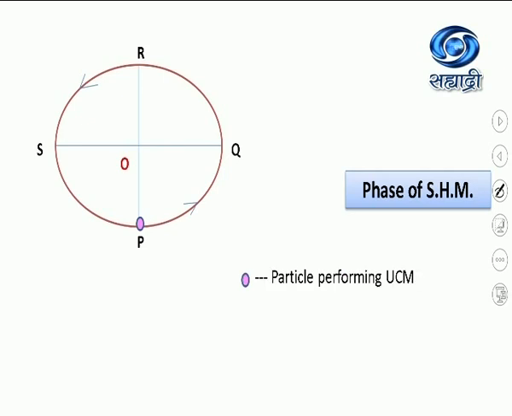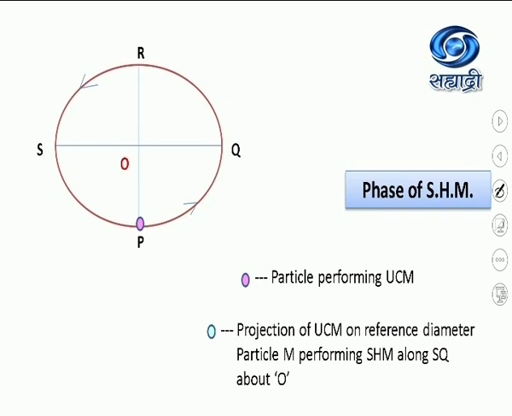So the pink ball-like thing, or pink particle, represents a particle or a body performing UCM. And if the projections from various positions of this body P are taken along the reference diameter SQ, then that is represented by the blue ball, which indicates the projection of UCM on the reference diameter SQ.